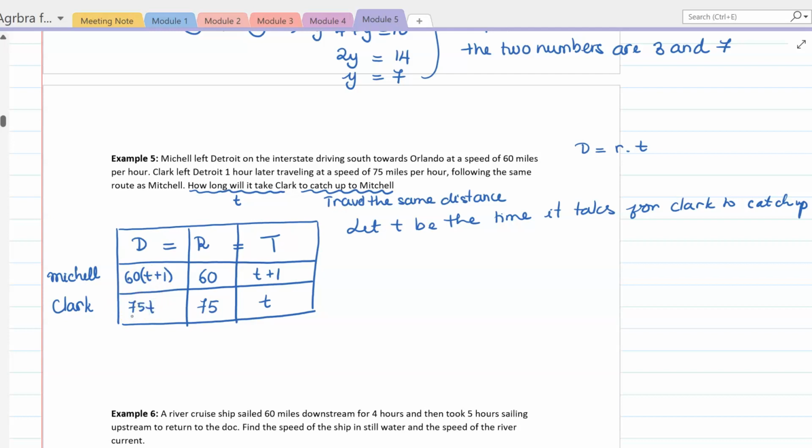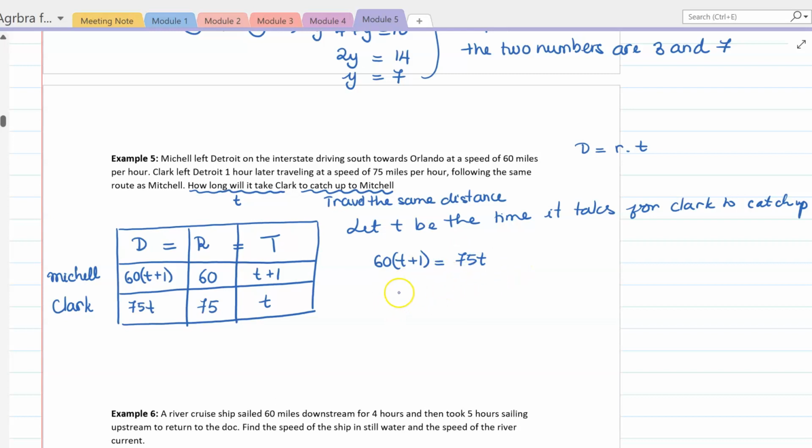So here what we know is that they catch up to each other, which means they travel the same distance. This means 60 times t plus 1 is equal to 75t.